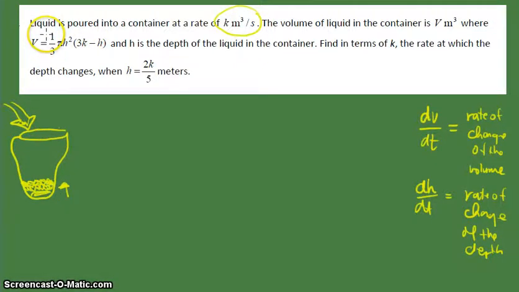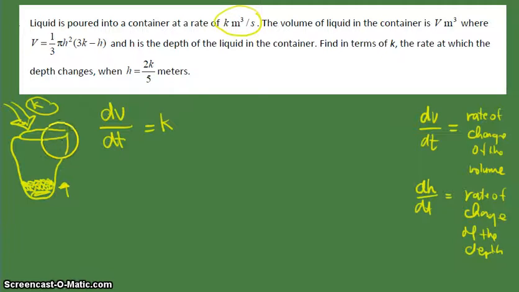Now, if it says that the liquid is poured in the container at the rate of k cubic meters per second, so the rate of putting the liquid inside the container is k. That means the volume inside the container is also changing at the rate of k, right? So we can say that the change in volume with respect to time inside the container is equivalent to the rate at which you pour the liquid inside the container. So dV over dt is also k.